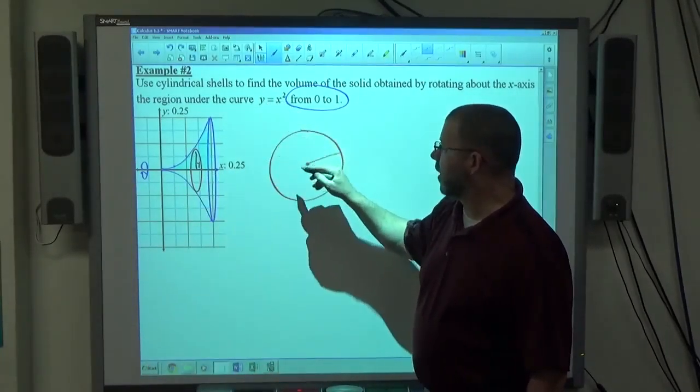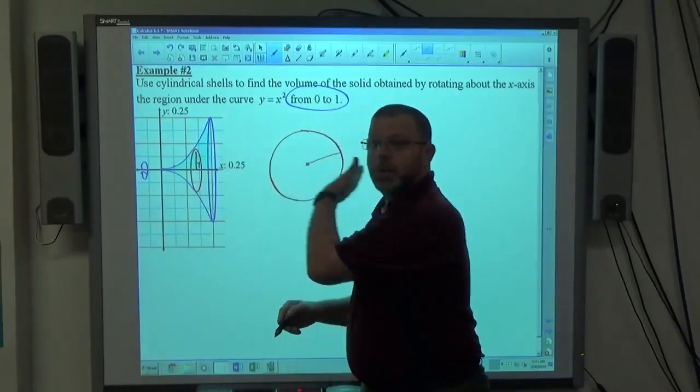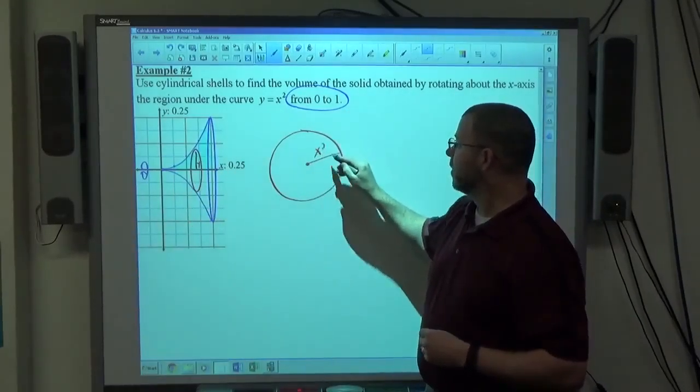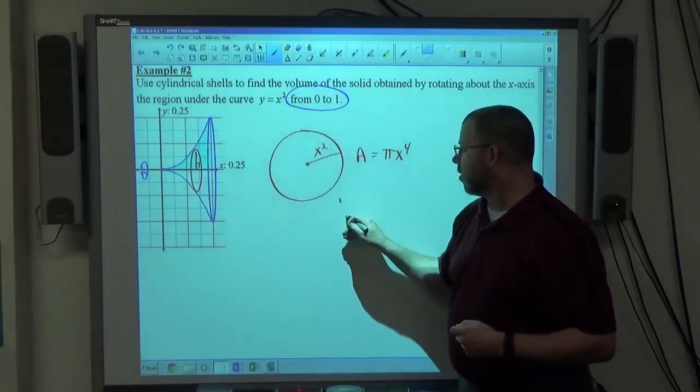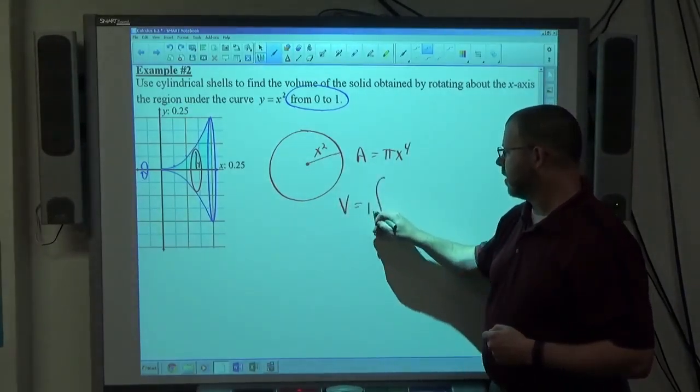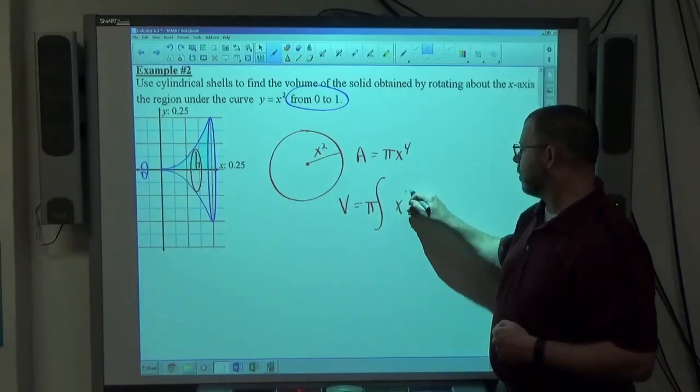And y equals x squared, and we're going left and right, so we want a dx integral, so x squared. The area of that would be pi times x squared. So the volume would be the integral of pi times x to the 4th dx.